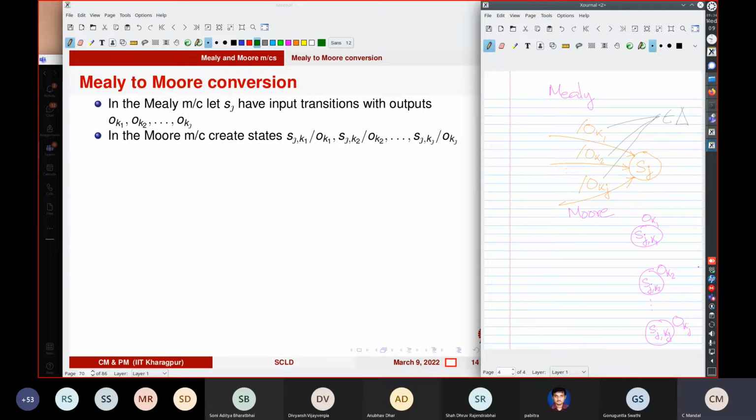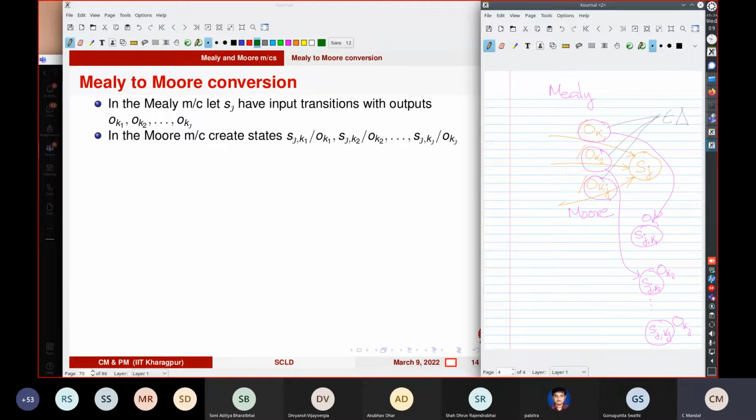So you're splitting this state into multiple states, so that this output will come to this state, this output will come to this state, and so on.